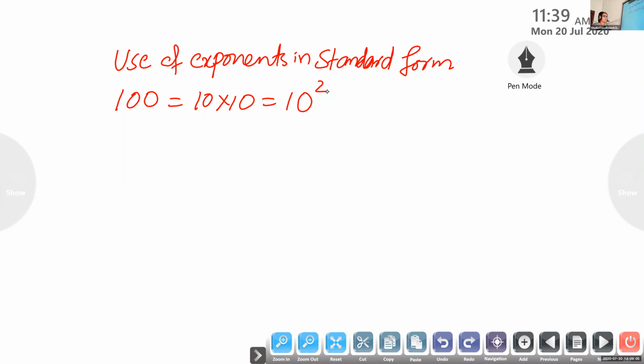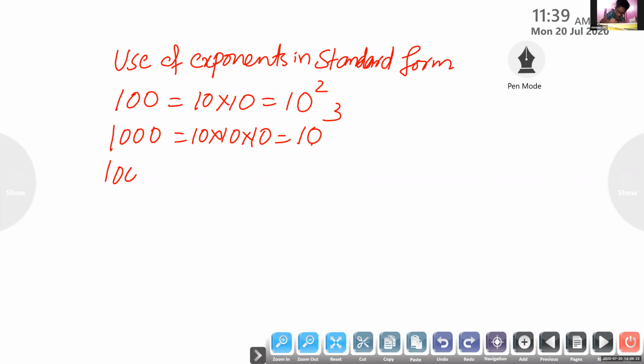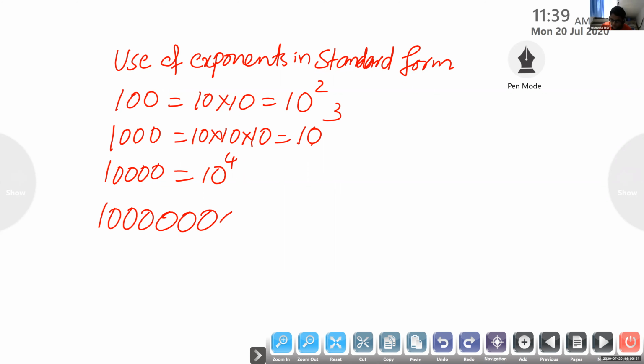This is our exponent form. 1000, we can write 10 into 10 into 10, which means 10 raised to 3. If 3 zeros are there, it will be 10 raised to 3. So 10,000 can be written as 10 raised to 4. 10 raised to 5. 10,000,000 equals 1, 2, 3, 4, 5, 6, 7, 10 raised to 7. This is our exponential form, isn't it?